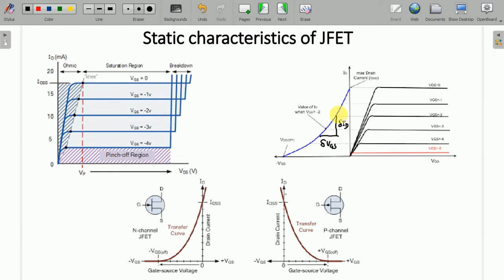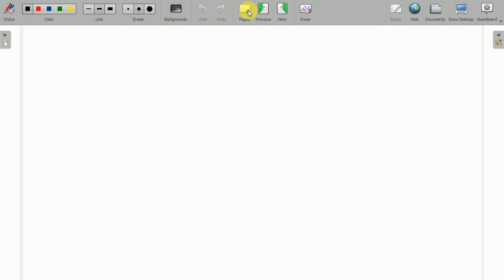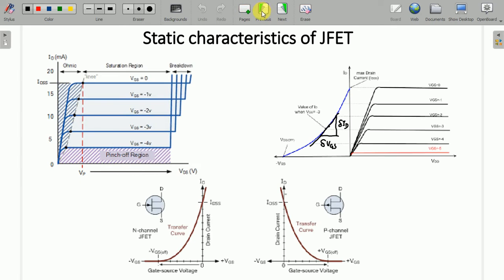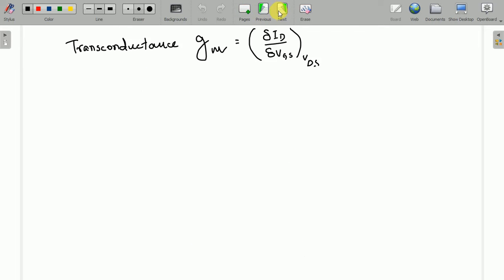Or else you can take a point, draw a tangent, and from there you can find these two values, delta ID by delta VGS. That is what is called the transconductance, denoted by Gm. That is one important parameter for FET.